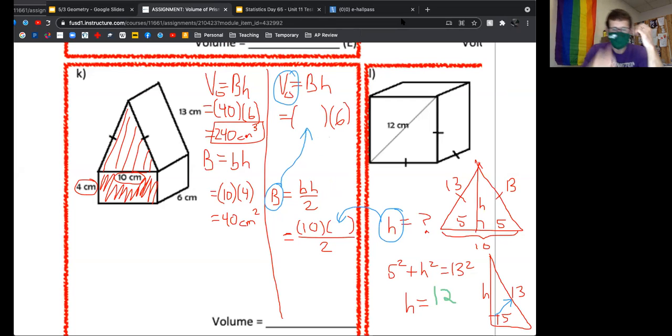With this, we now know the height of our triangle. Now let's go through the cascade and see if it makes sense. We got 12 centimeters as the height of the triangle. I want to plug that into this area formula, so now you can solve for the area of the base.